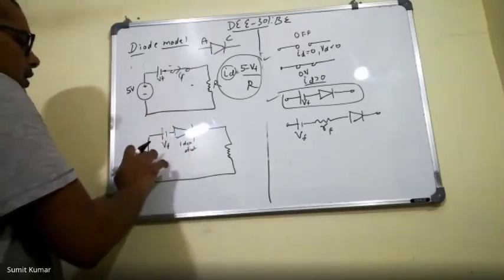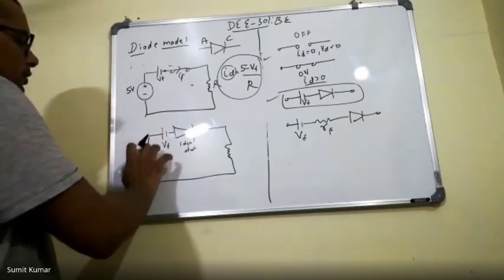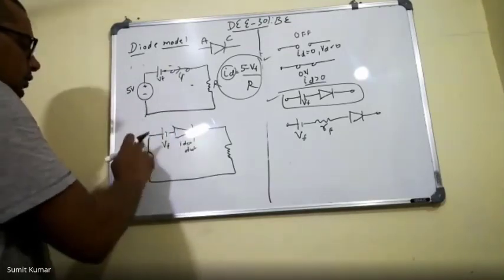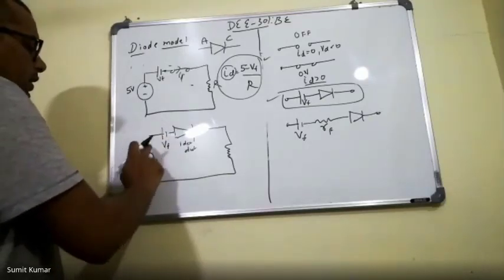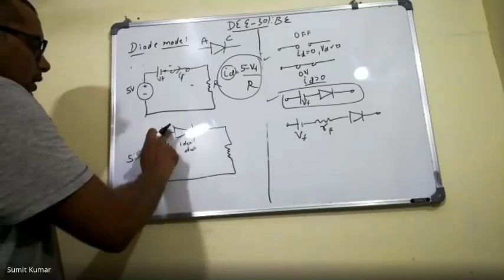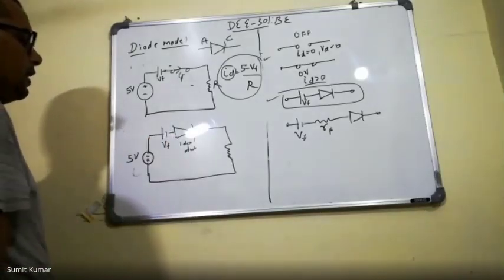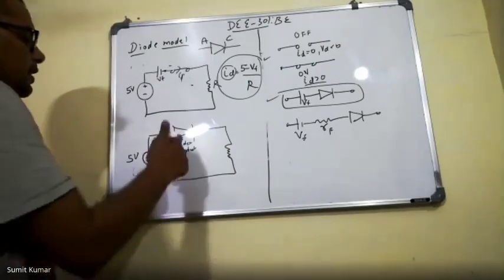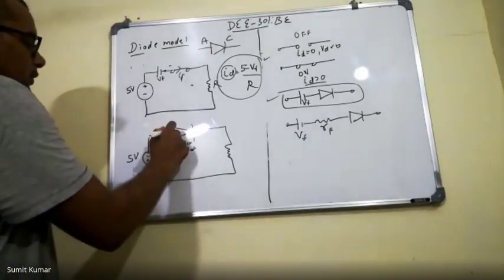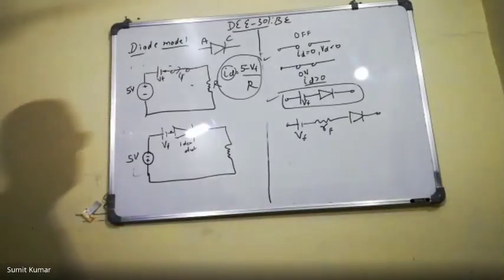We know that these voltage sources will be added because they are in the same direction. So you can see here the polarity is similar. So here the negative voltage minus 5 plus Vf is applied, and we have applied a negative potential on the P side of the diode.